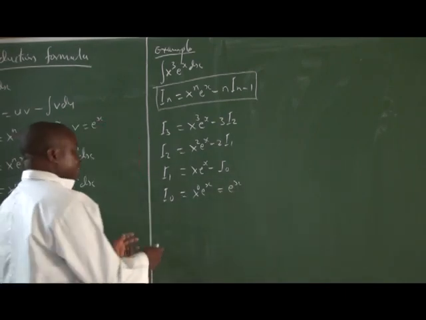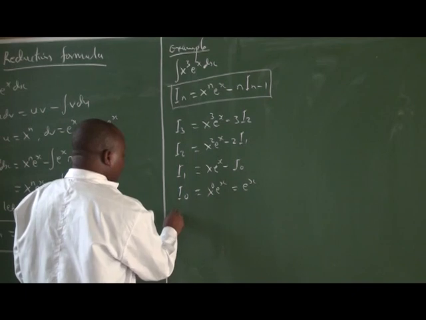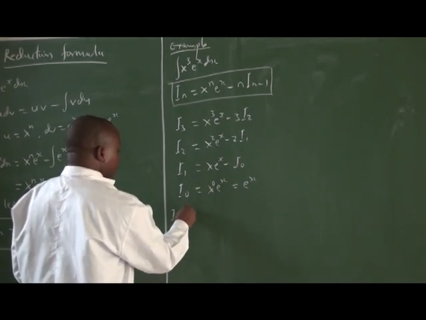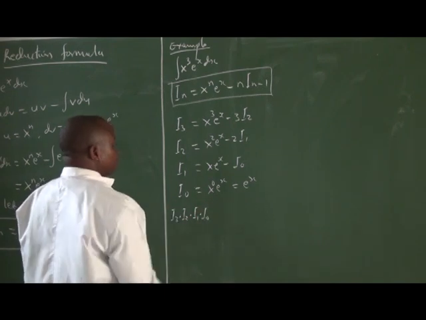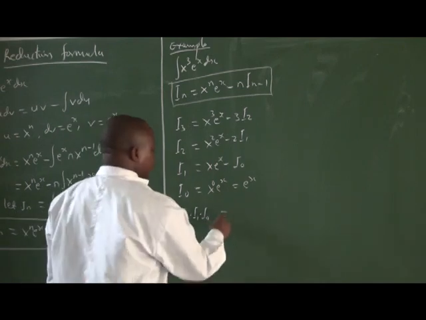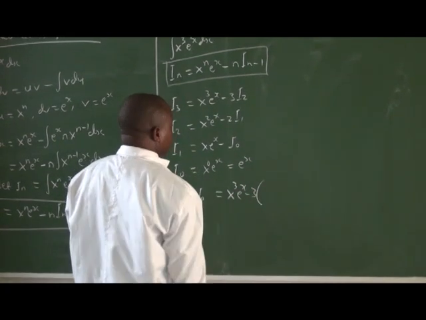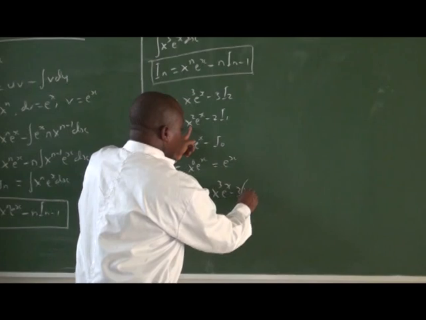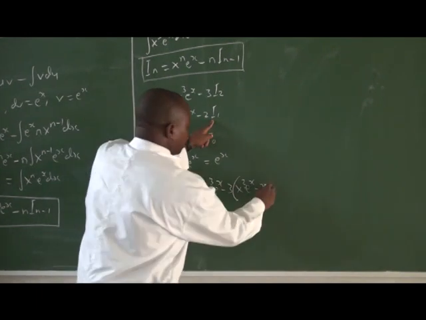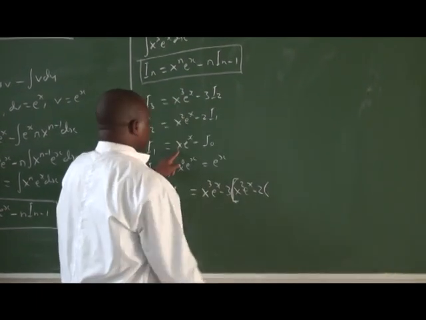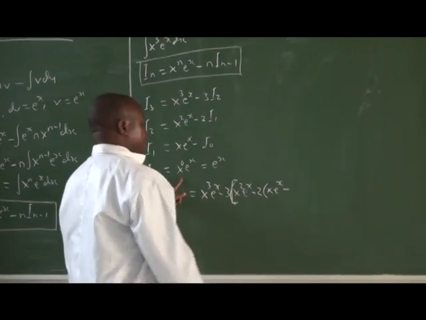So with that, we can integrate things that would be very long in a very short time. So that means I_3, I_2, I_1, I_0 will give me the whole of the integration. That is the same thing as x^3 e^x minus 3 I_2. Now I_2 becomes x^2 e^x minus 2 I_1. Then I_1 is x e^x minus I_0.